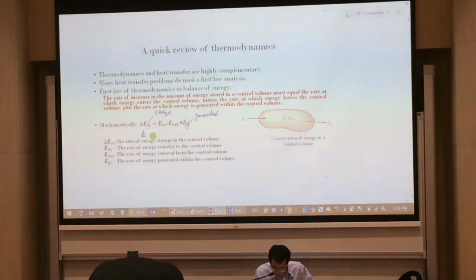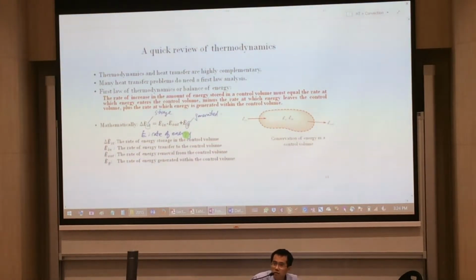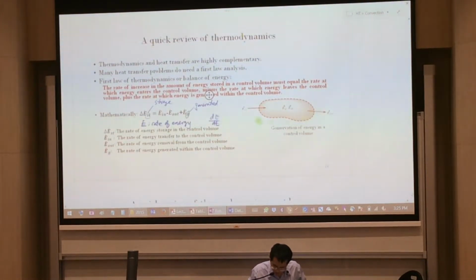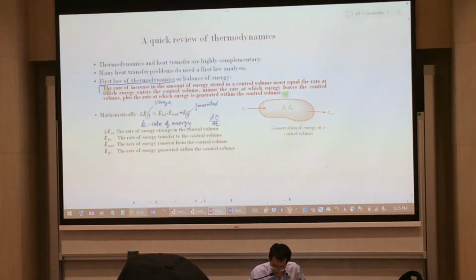E dot refers to your rate of energy. It means dE/dt, the rate of energy. So this law governs your first law of thermodynamics. And the formal definition is given over here.